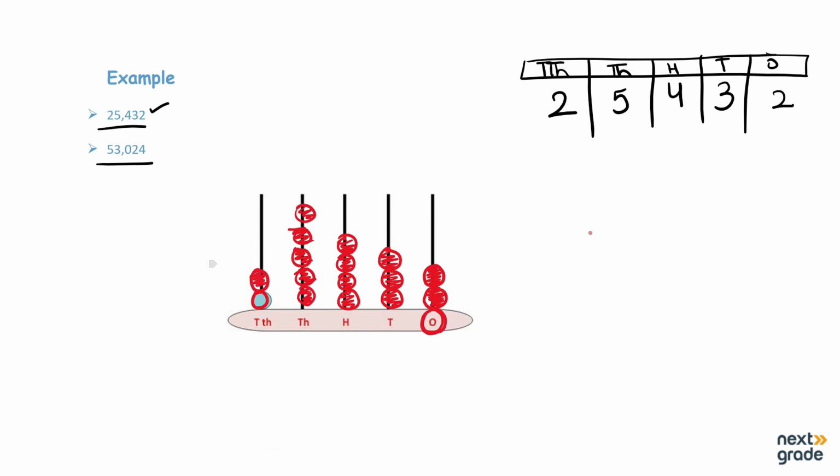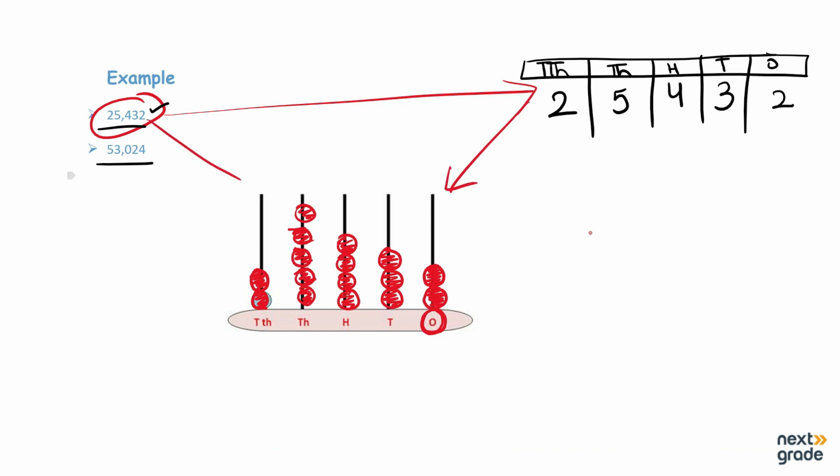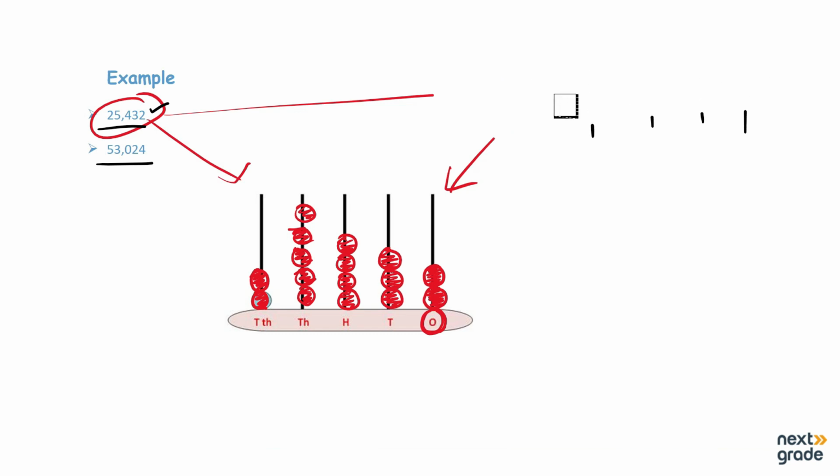And this is how you're going to do the question by placing the digits in the place value chart and then putting the beads in the abacus, or you can directly do it as well. Let's do this example directly so that you can understand it better without drawing the place value chart.